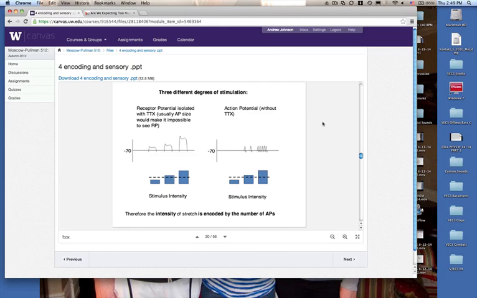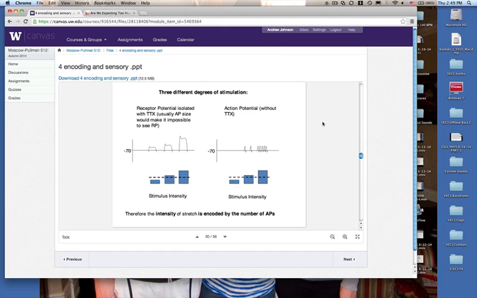It's different from the receptor potential in that the receptor potential is based on the actual intensity of the stimulus. So the receptor potential will be graded depending on the intensity of the stimulus. And the action potential, remember, is all or none.